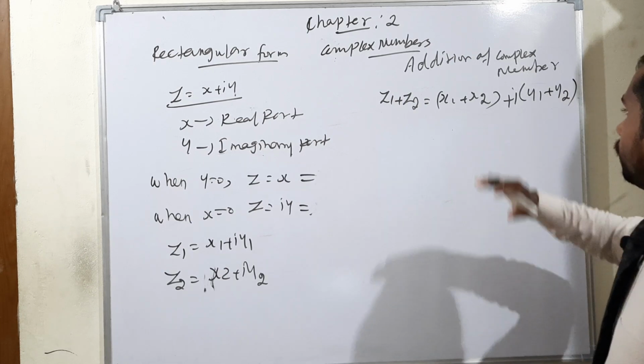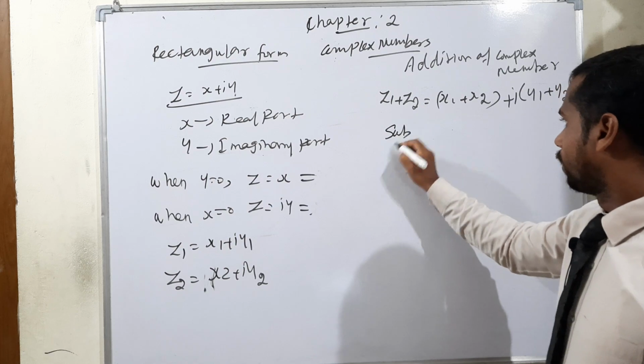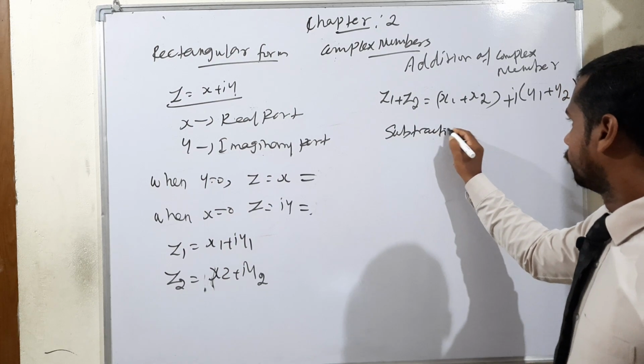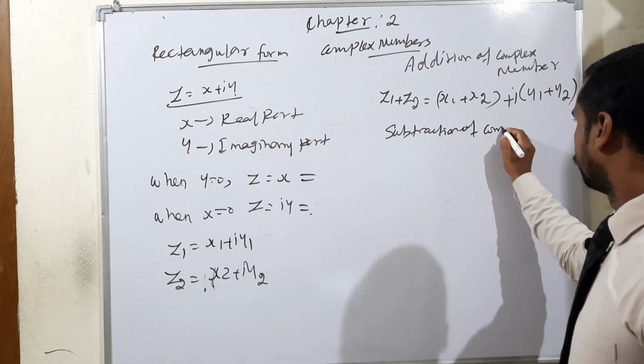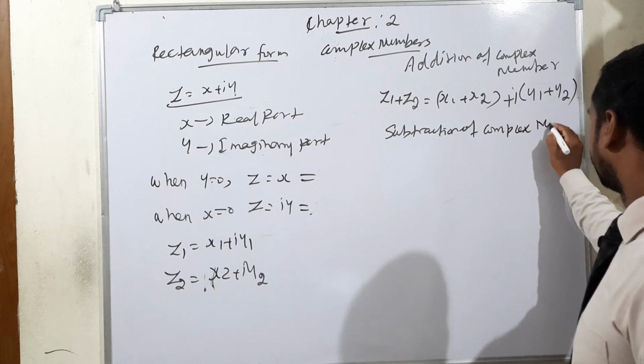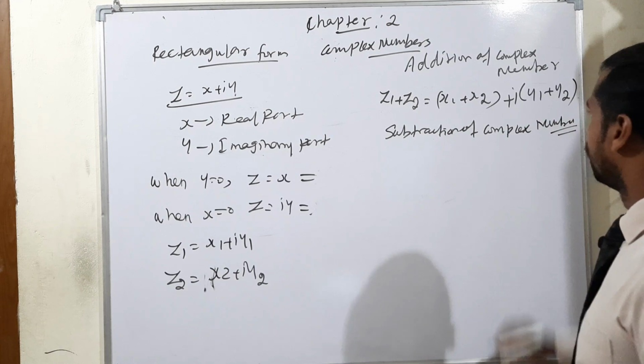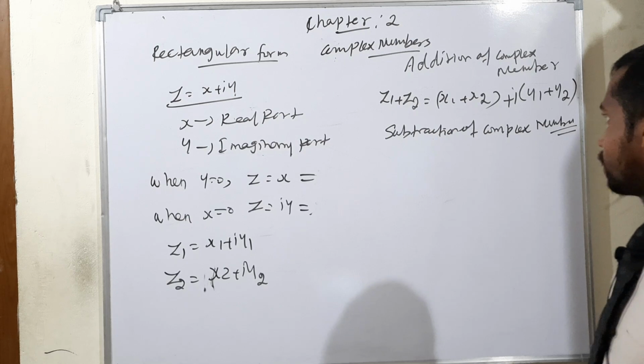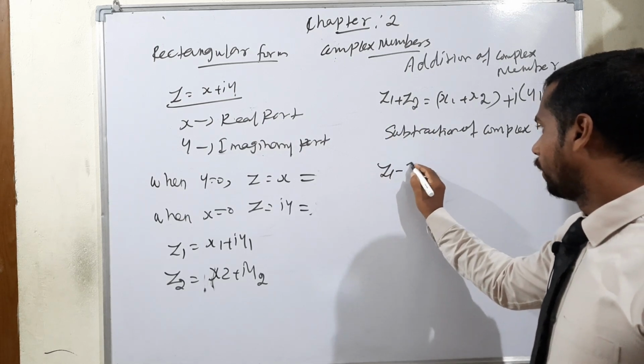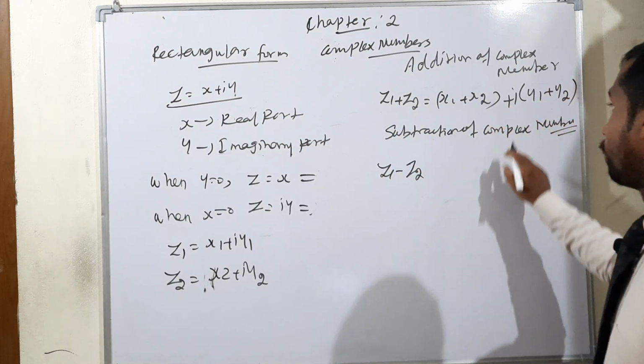So now what is the meaning of subtraction of complex numbers? Subtraction of complex numbers means z1 minus z2, instead of plus.